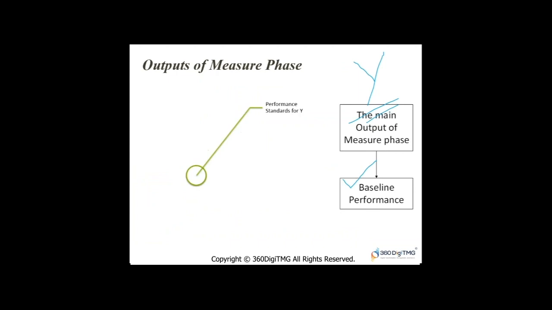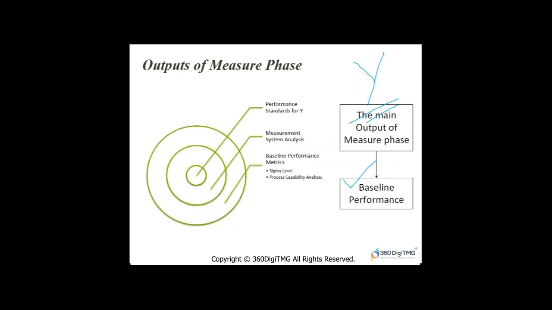The first thing is performance standards for Y. Second, we measured the measurement system. We looked into the reliability of the measurement system using attribute agreement analysis. And the third output was the baseline based on the performance metrics. We looked into sigma level, we looked into process capability analysis.